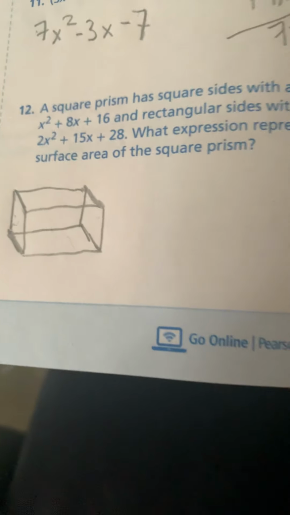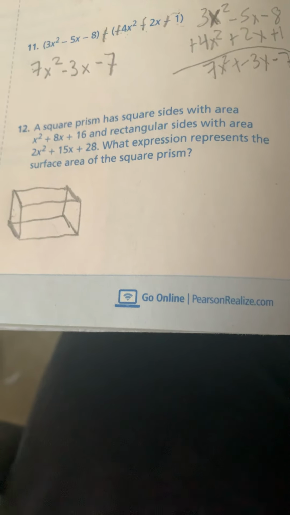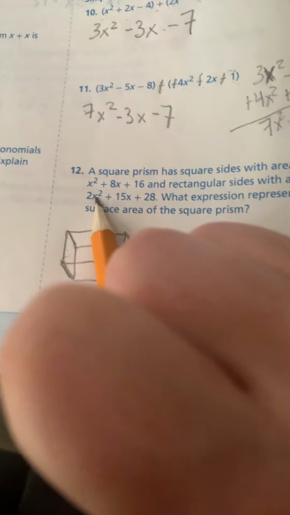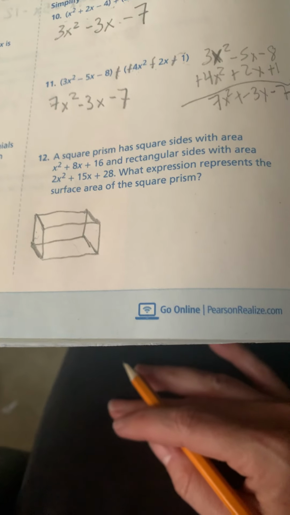All right, so we have 2 square sides, and then 4 rectangular sides. So that means that you need to do 2 of these and 4 of these and add them all together, and that would give you the total surface area.